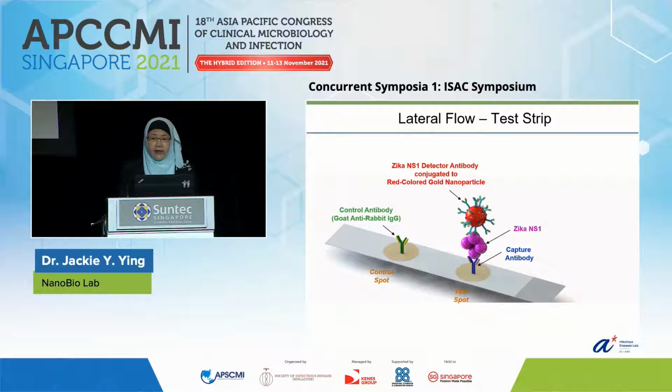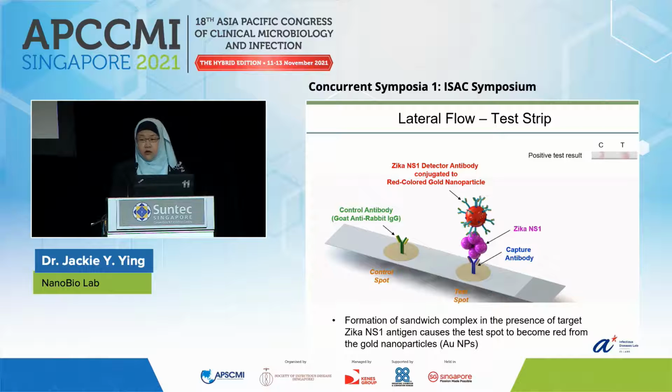When the sandwich assay is formed, you will see a line, not only at the control spot, but also at the test spot T. So in this case, what we are trying to do is to create a gold nanoparticle that will lead to a red color, and the Zika NS1 detector antibody is on these gold nanoparticles, as well as in the form of a capture antibody on the paper-based assay. So the sandwich assay is basically formed between the capture and the detector antibody.